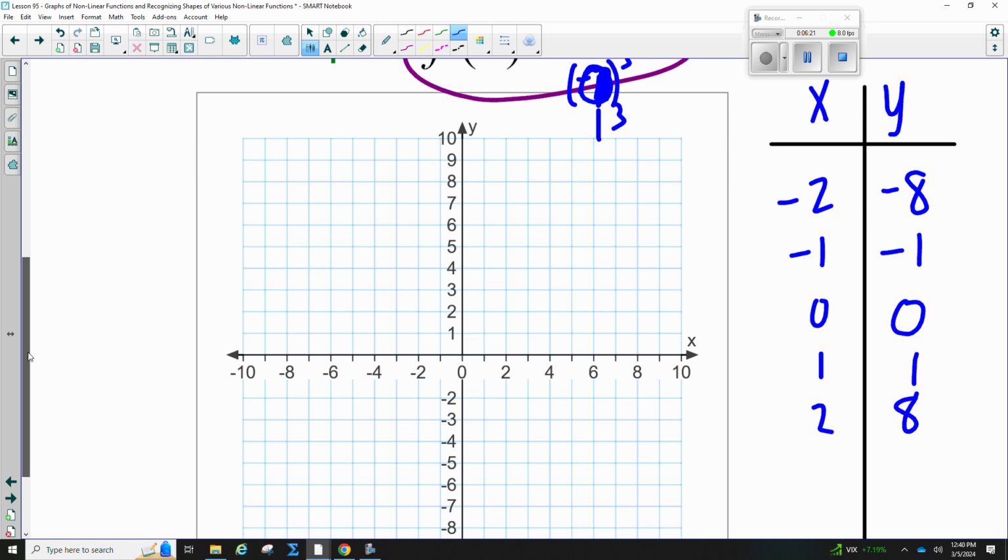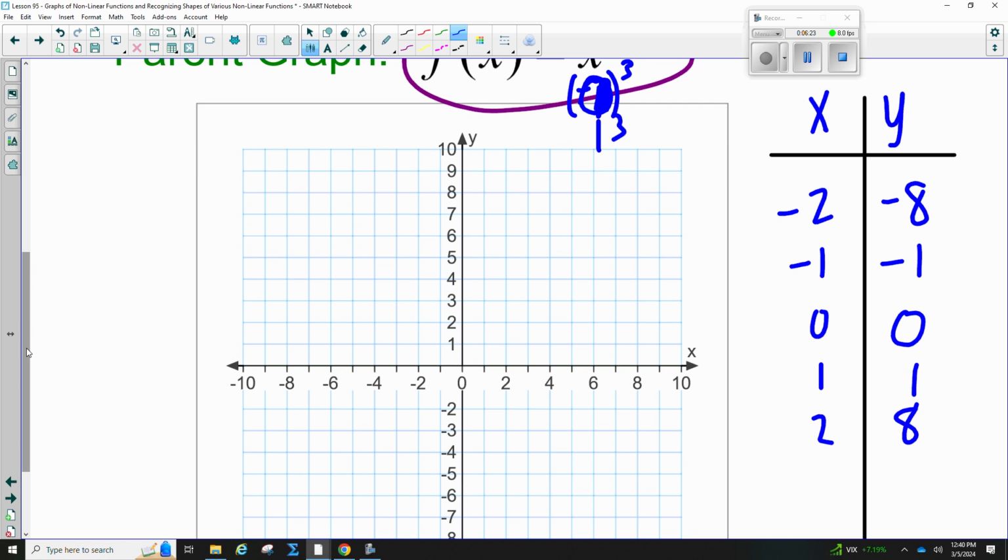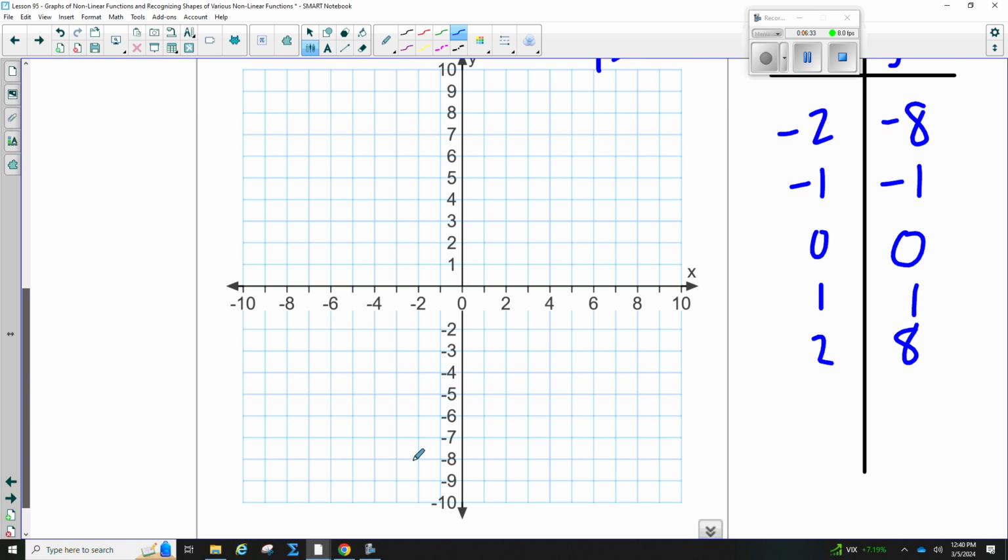So let's see what this graph is going to look like. Now, you won't have to make a table every time. You're just going to have to recognize the graph. But this is where it comes from, right? Okay. So I've got -2, -8, and I put a little point right here. Then I have -1, -1. Then I have 0, 0. And then I have 1, 1. And then I have 2, 8. Okay.